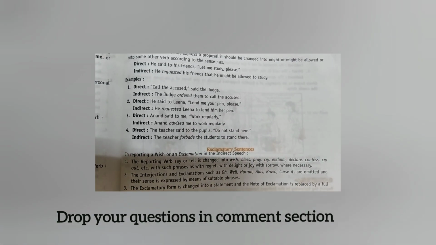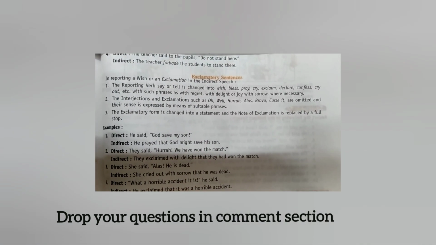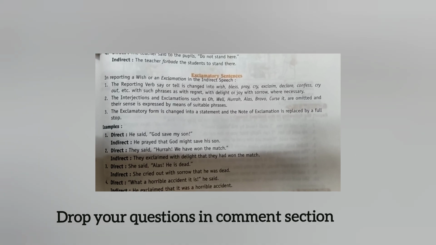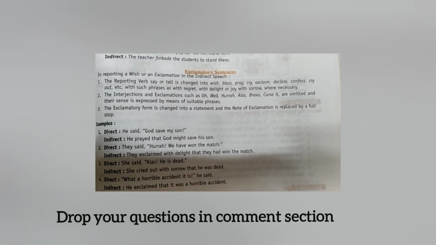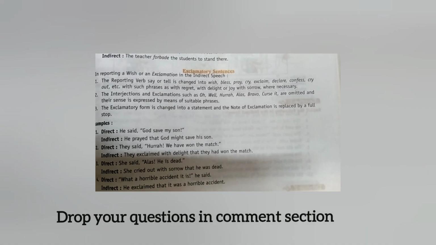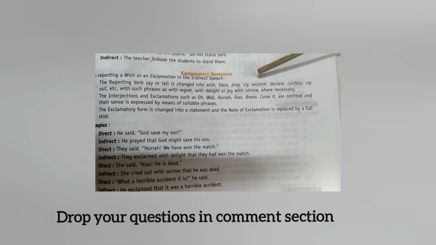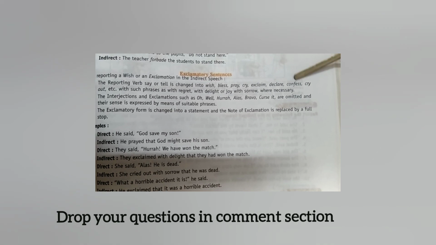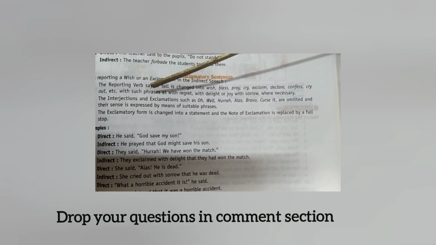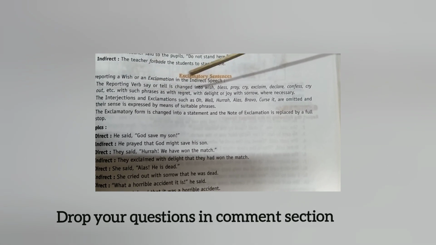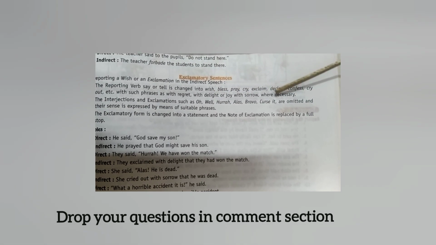Let us see the exclamatory sentences. In reporting a wish or an exclamation in the indirect speech, first rule says the reporting verb say or tell is changed into wish, bless, pray, cry, exclaim, declare, confess, cry out, etc., with such phrases as with regret, with delight or joy, with sorrow, wherever it is necessary.